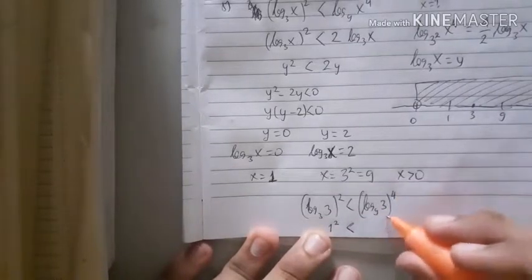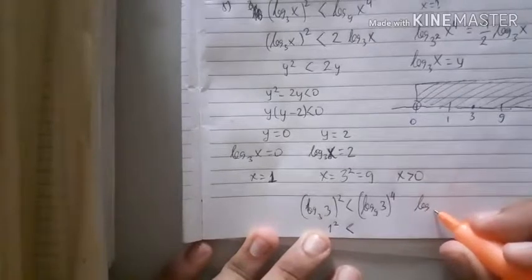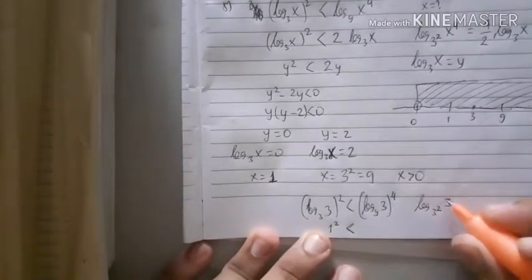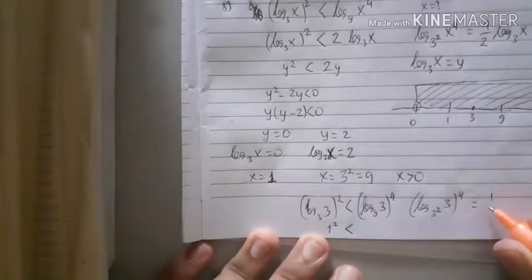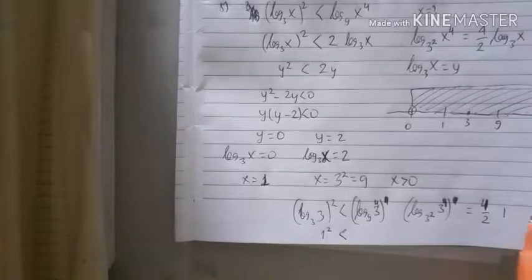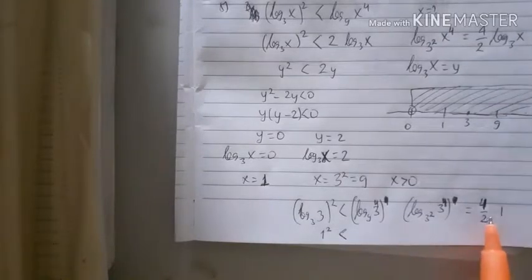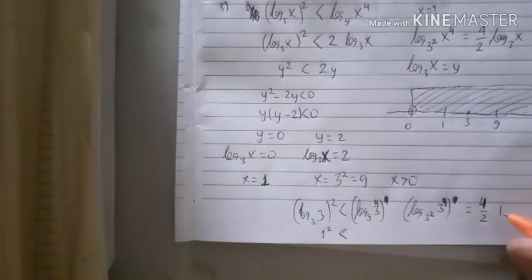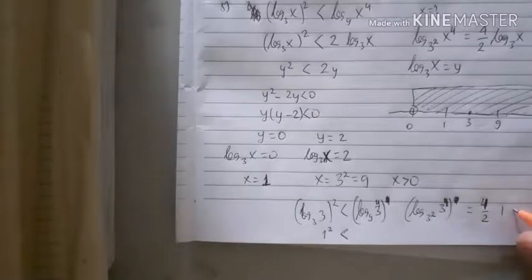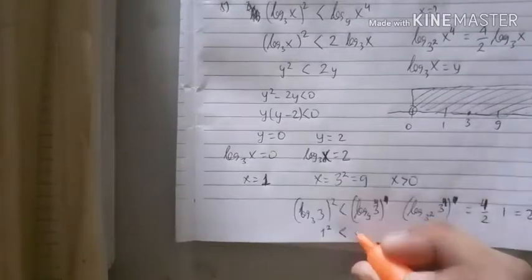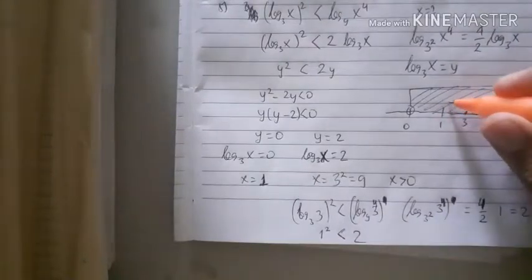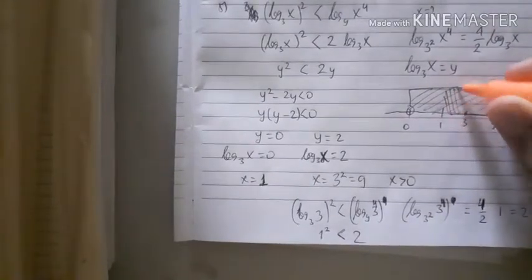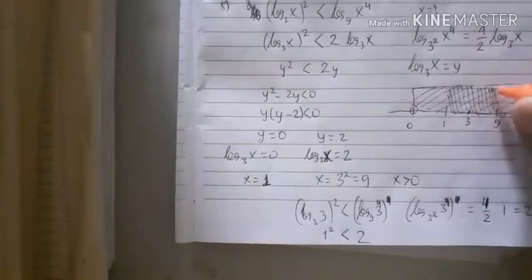What we do is we just make it like this. So 3 to the power of 2, 3. This is equal to 1/2 times 1. I mean that is 4 over 2 because the 4 is inside, times 1, which is 2. So 1 is less than 2. So this is correct. So we trace the area between 1 to 9.